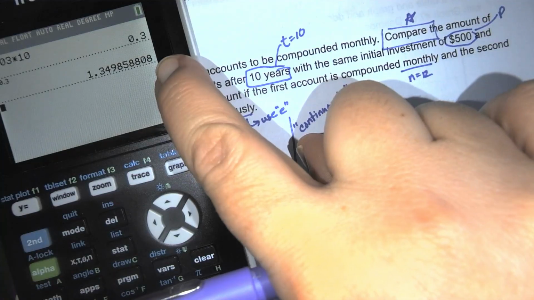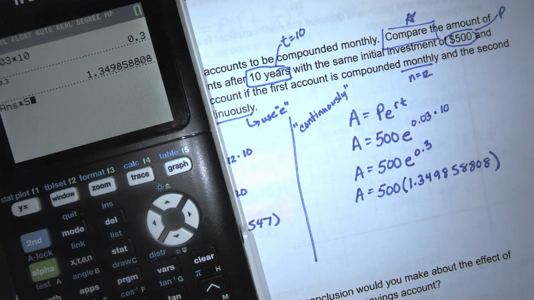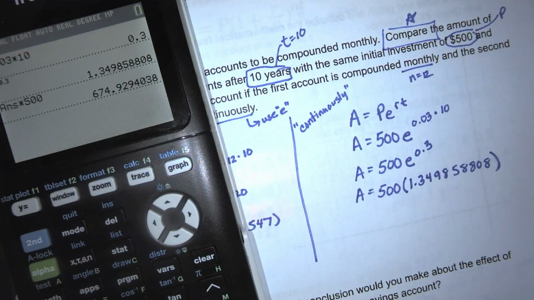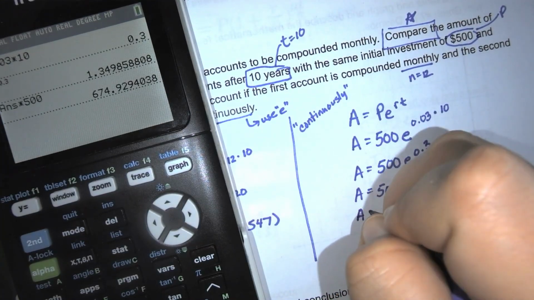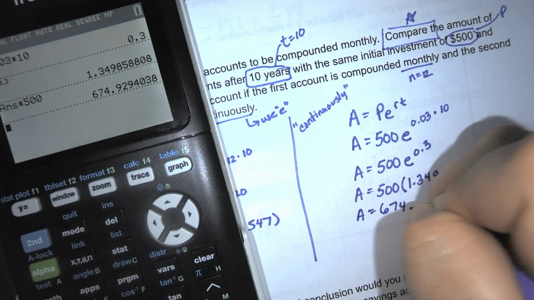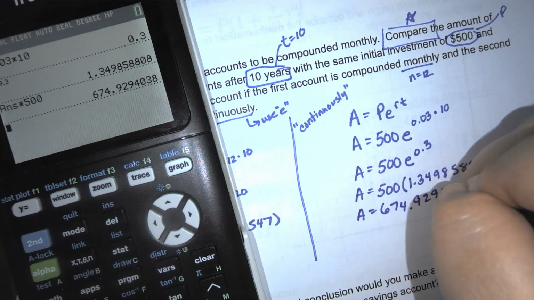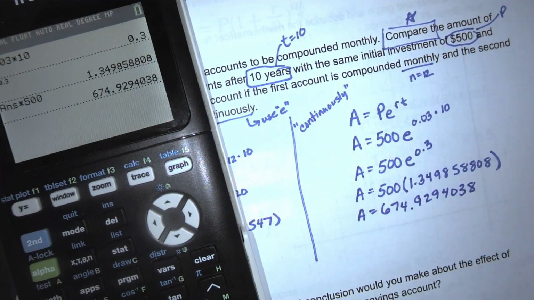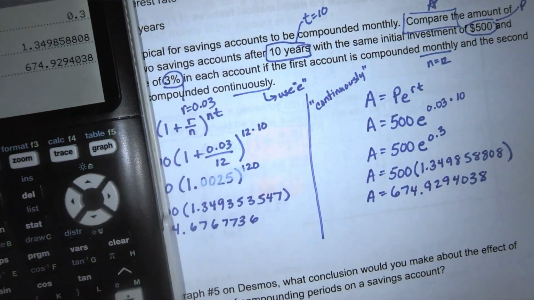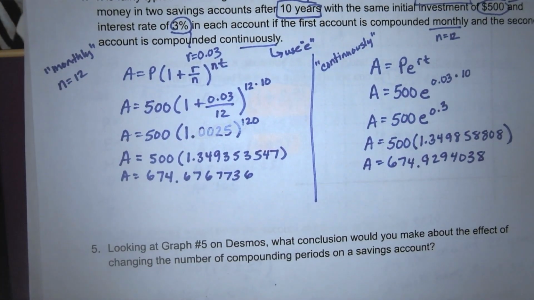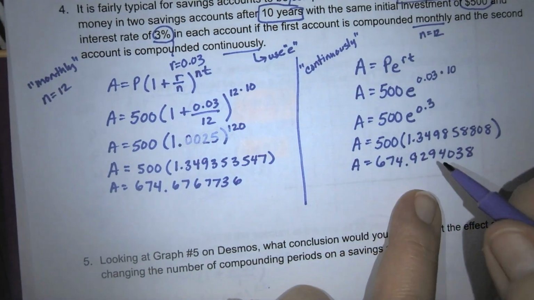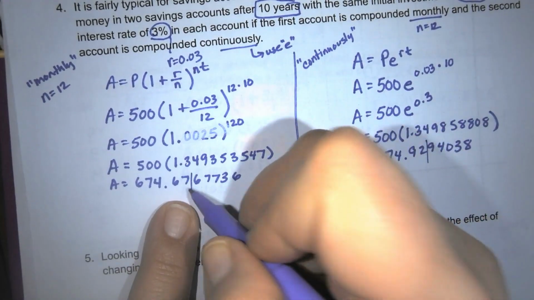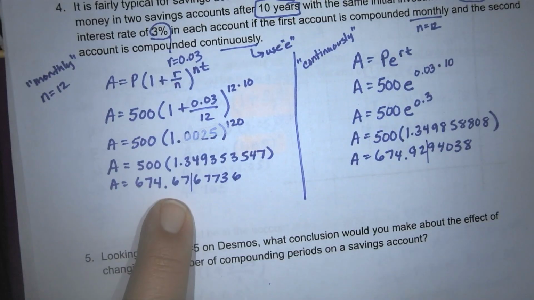Since I already have it as my last answer, I'm just going to take my last answer and do times 500, hit enter, and the amount will be 674.929438. So now we've got both numbers. So continuously, we've got about $674.93. And for this one, monthly, it's $674.68.